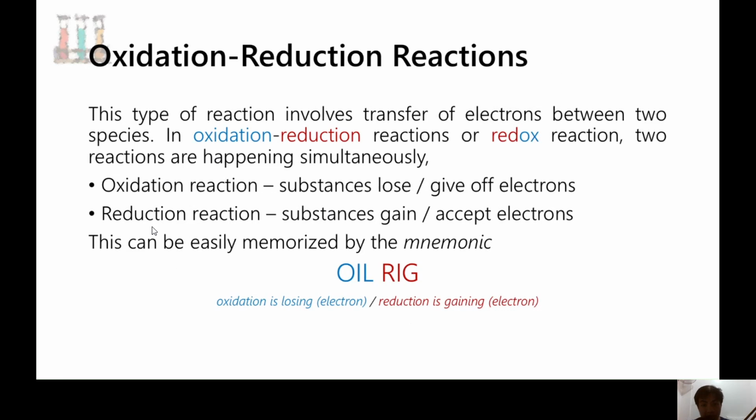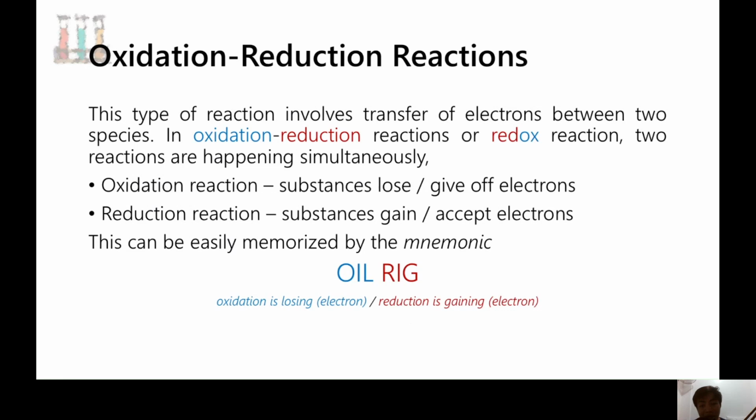However, for reduction reaction, what happens here is that your substance will gain electrons instead. So yung mga nilalabas na electron from the oxidation reaction, they are transferred to the next reaction, the reduction reaction. Yung nilalabas na electrons ng oxidation pupunta sa reduction reaction, wherein your substance will gain that electron.